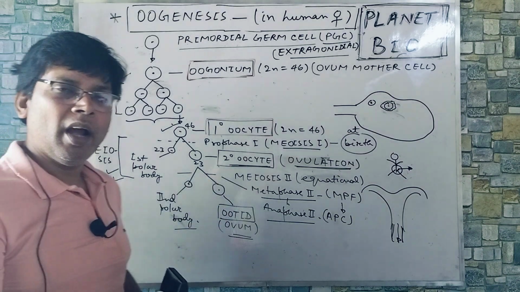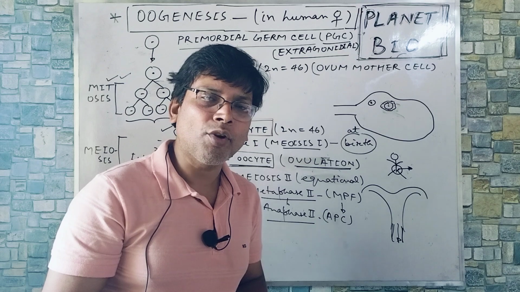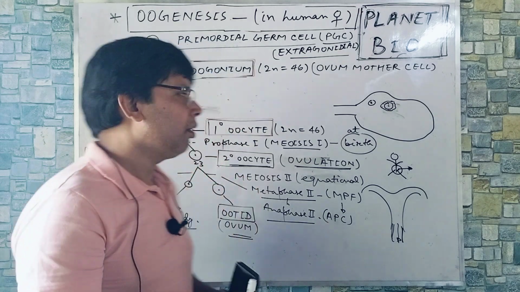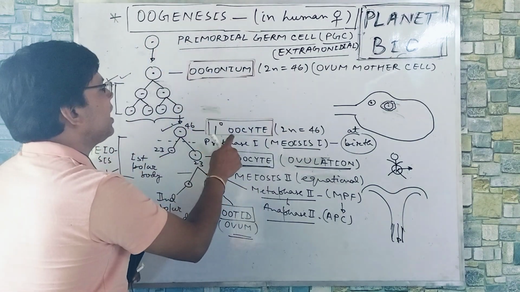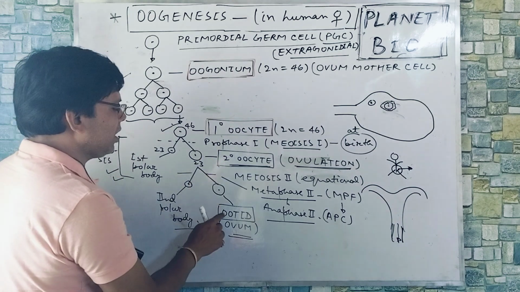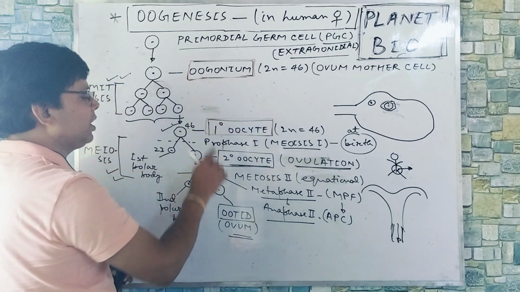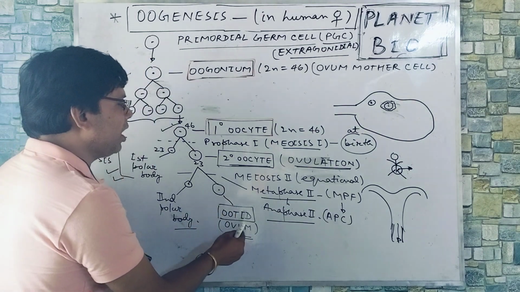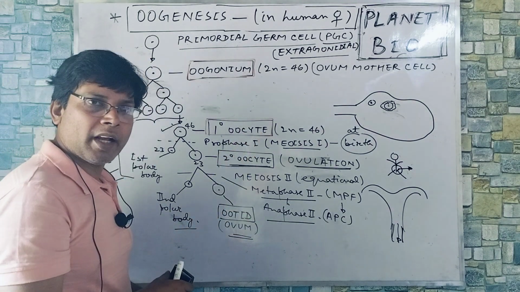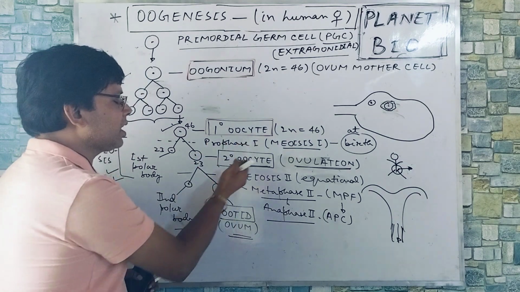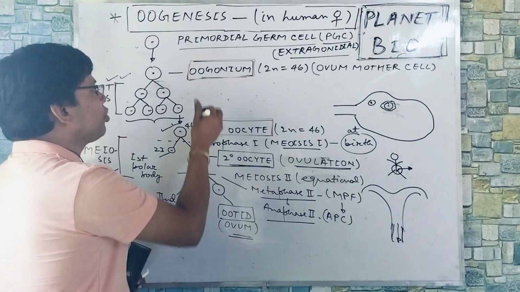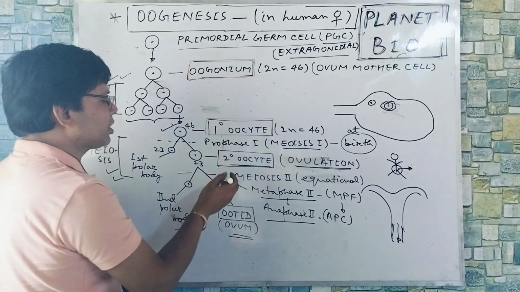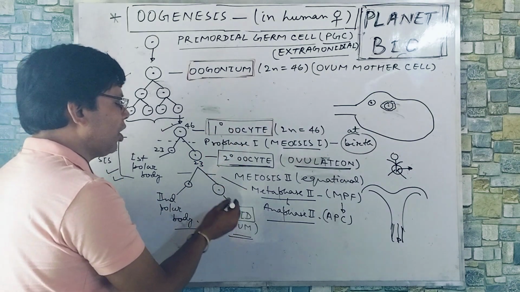If you are asked how many ova are formed from 25 oogonia: from one oogonium one primary oocyte, one secondary oocyte, one ootid, so 25 oogonia will form 25 ova. If asked how many primary oocytes 25 ova will make, 25. How many secondary oocytes? 25. Because one oogonium gives one primary oocyte, one secondary oocyte, one ootid.